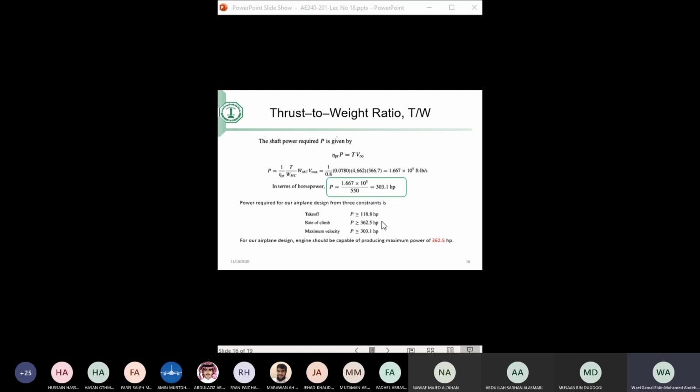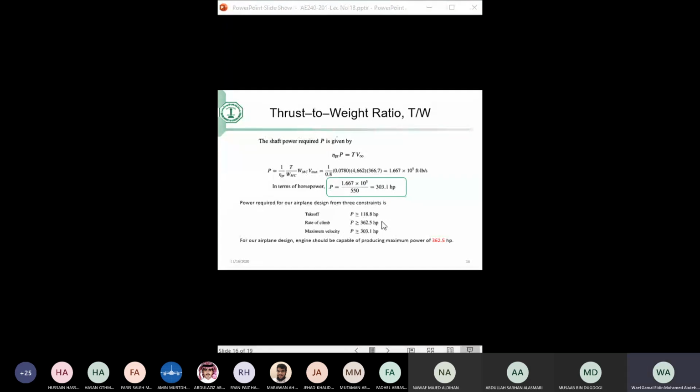For example, if this is the design of a jet aircraft, not a propeller aircraft, a transport aircraft, like the ones that you get on board all the time, which condition do you think will be critical for the power of the engine, not the power in this case, the thrust of the engine? Airbus 320, what do you think is the most important condition for the thrust of the engine? Takeoff distance?